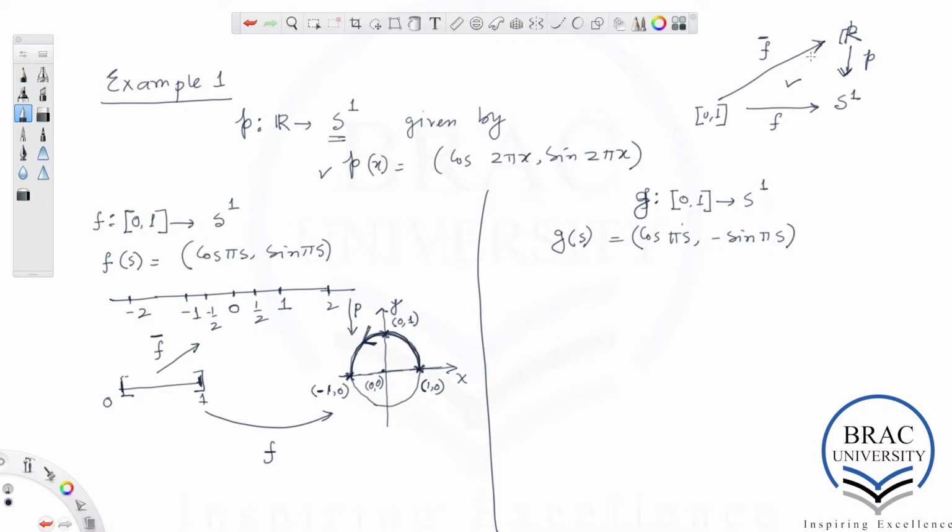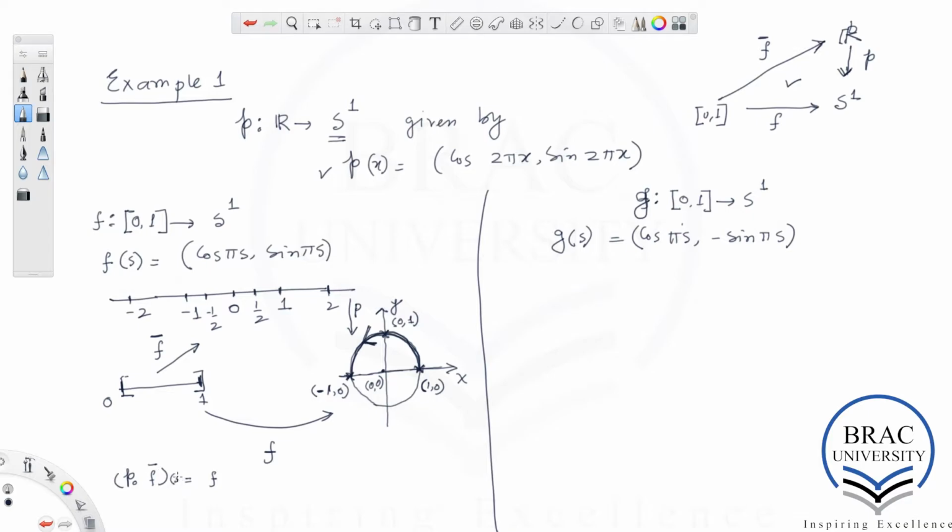So from the lifting property, we want P composed with F bar to be equal to F, because I want this diagram to commute.